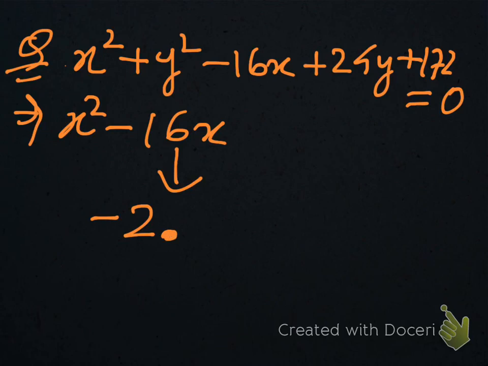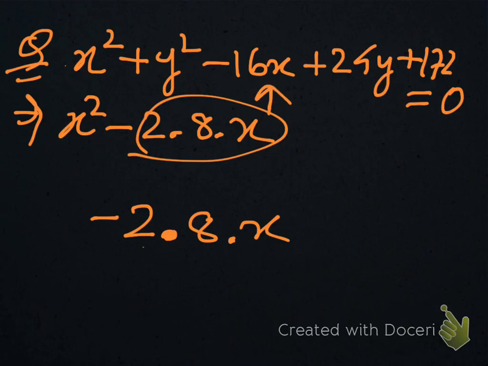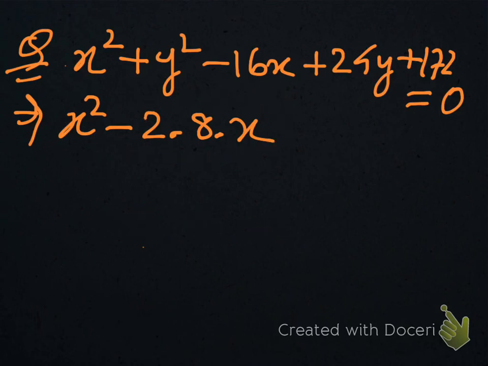So this can be written as 2 into 8 into x, because this would give us minus 16, right? Okay, so I have written that.